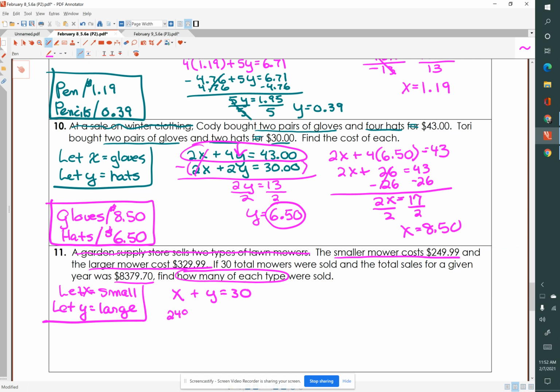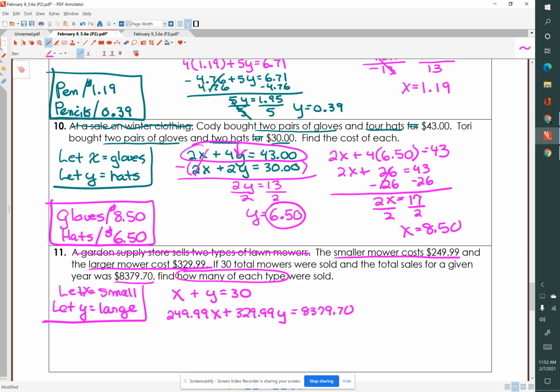So $249.99 times x, that's what we want to find out, plus the cost of the larger mower, $329.99 times however many, we don't know how many, we're figuring that out, equals $8,379.70. So this is our system.